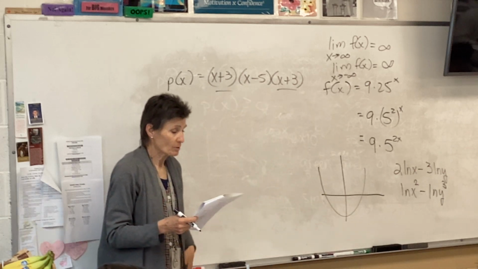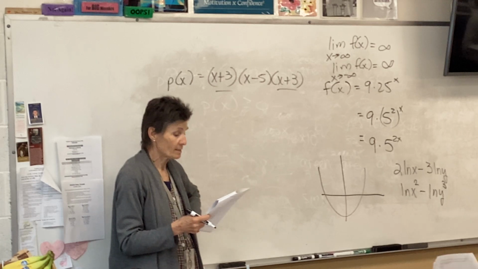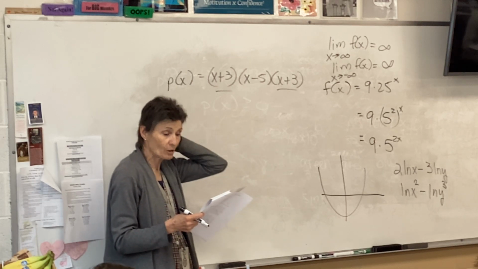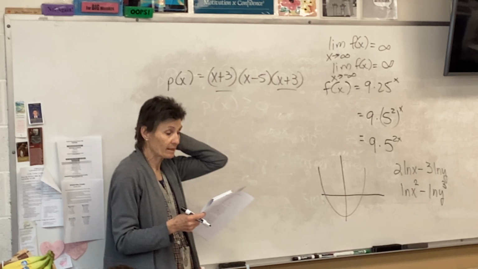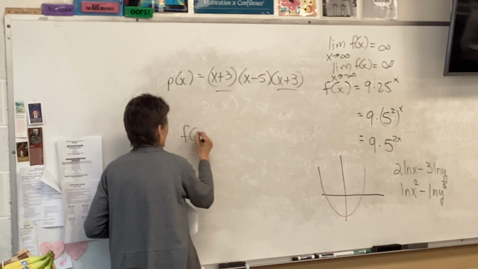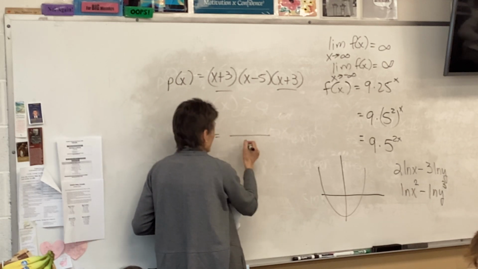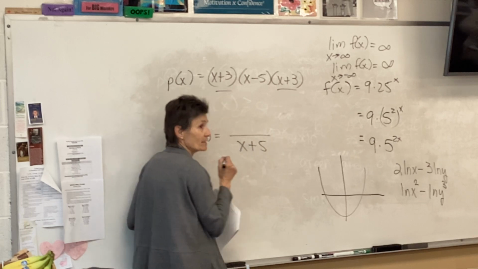All right, number 7. Now we got something that could have holes. But the question is, it has a vertical asymptote at x equals negative 5. What does that mean about your function? If it has a vertical asymptote, don't you have to have an x plus 5 in the denominator?